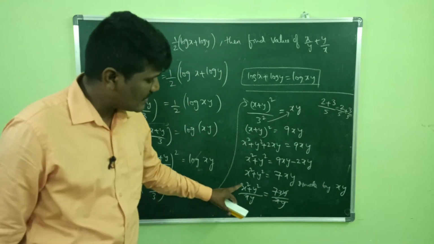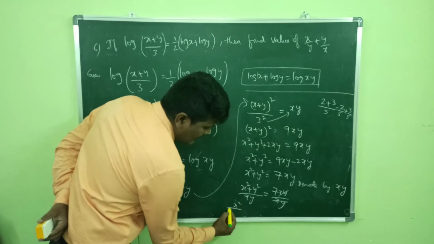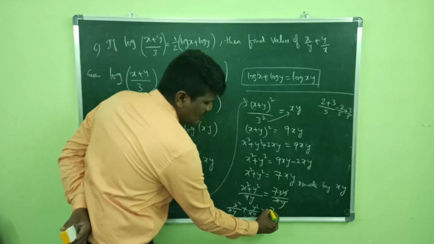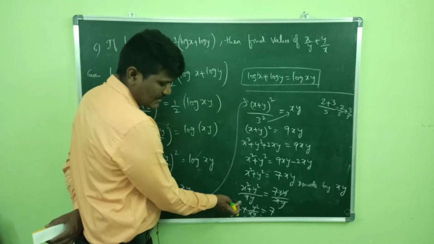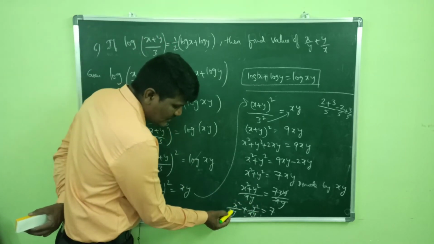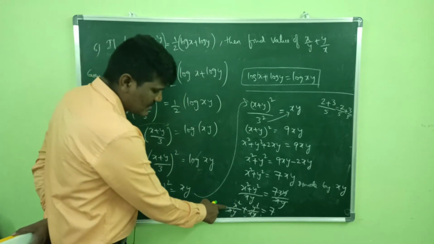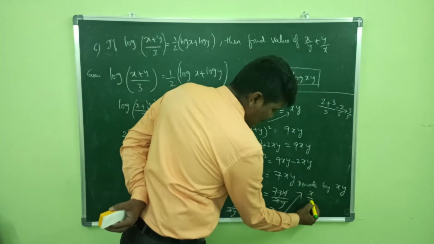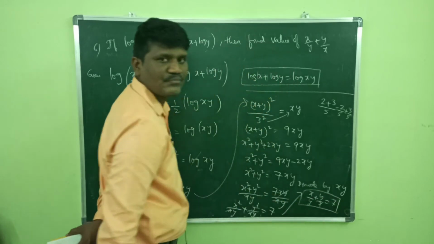So this is also the same: x square plus y square by xy is equal to x square by xy plus y square by xy is equal to 7. If you observe, the x and square cancel and the y and square cancel. Remains x by y plus y by x is equal to 7. So finally x by y plus y by x is equal to 7, which is our answer.